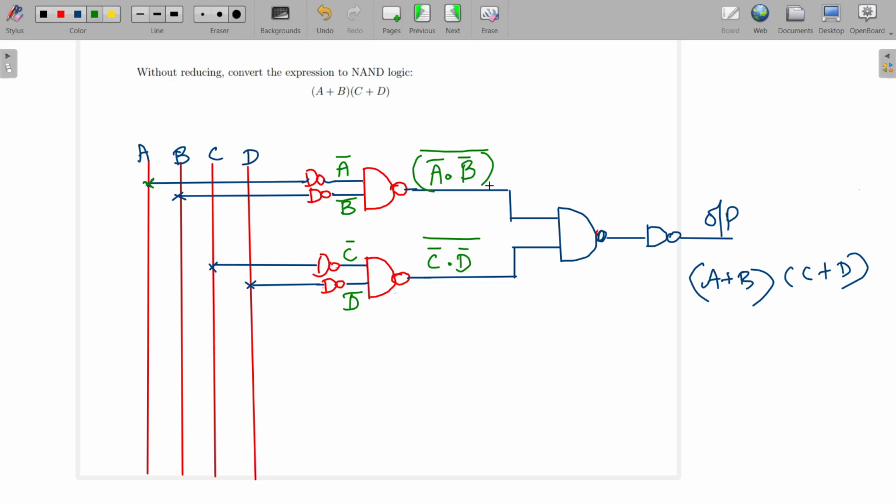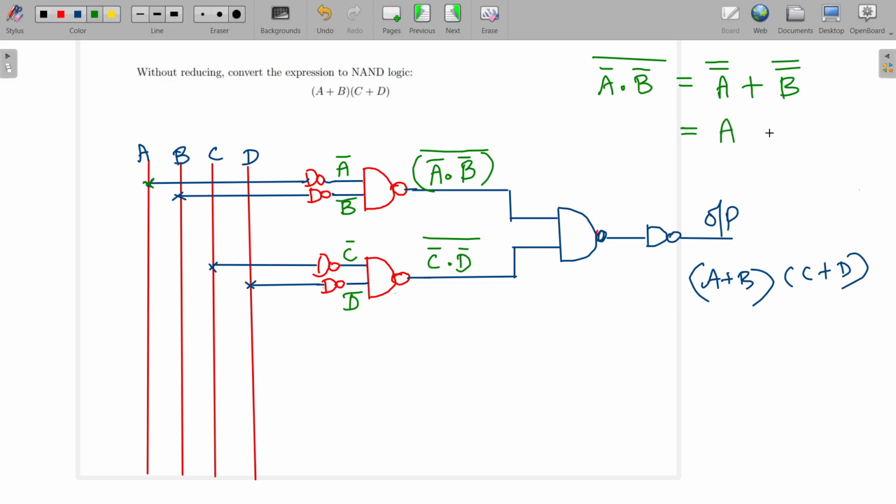When you have A bar dot B bar, the whole bar, if you take the bar, it becomes A double bar, and the operator changes to plus, similarly B double bar.